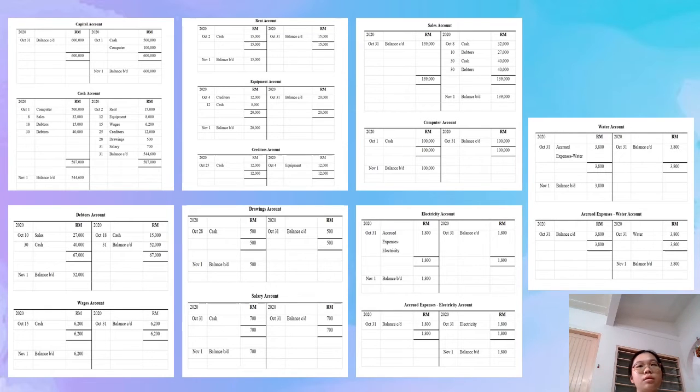It includes capital, cash, debtors, waste, rent, equipment, creditor, drawings, salary, sales, computer, electricity, water, and accrued expenses accounts.